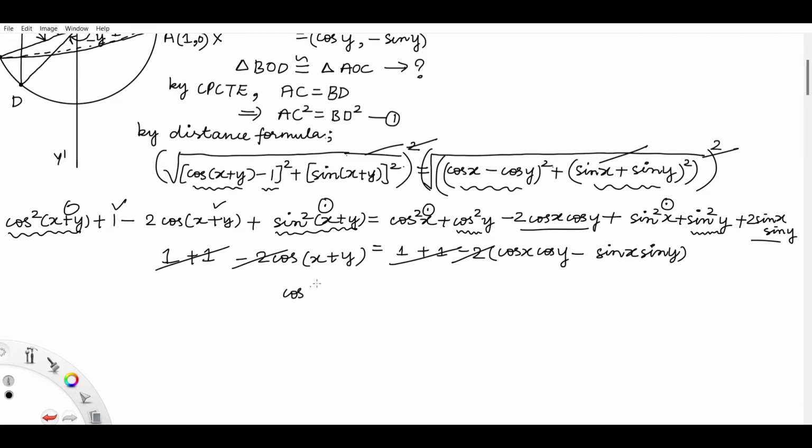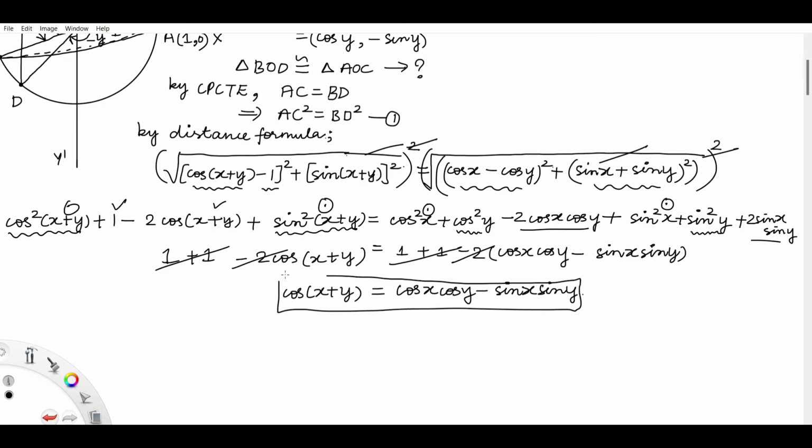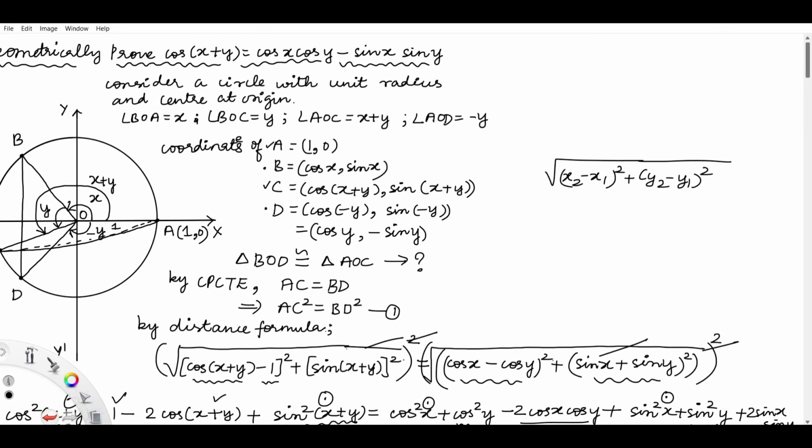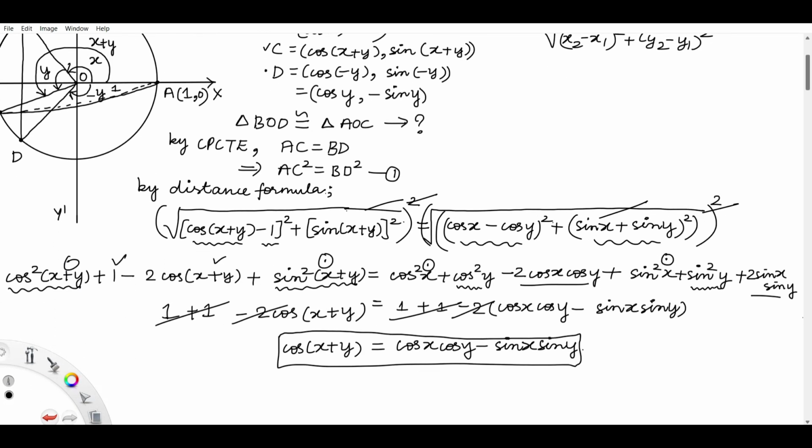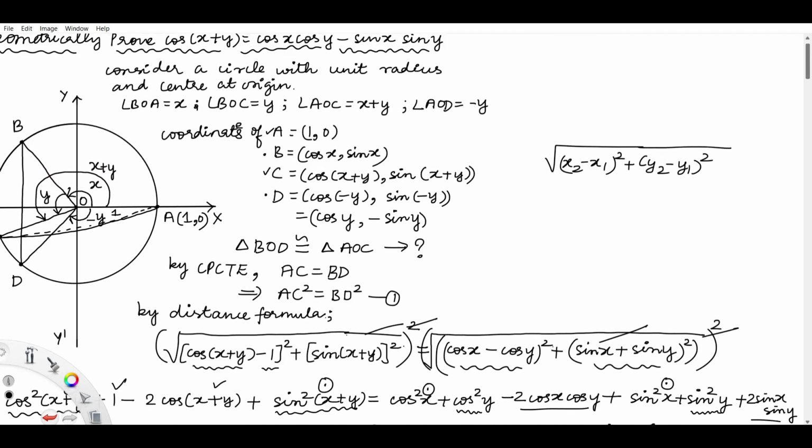So we are left with cos of x plus y is equal to cos x cos y minus sin x sin y. And this was the required equation, right? So this is how we derive this equation geometrically. I hope you have understood. Thank you.